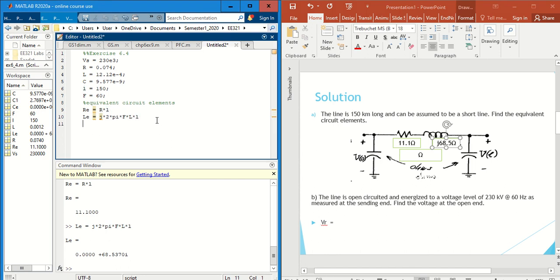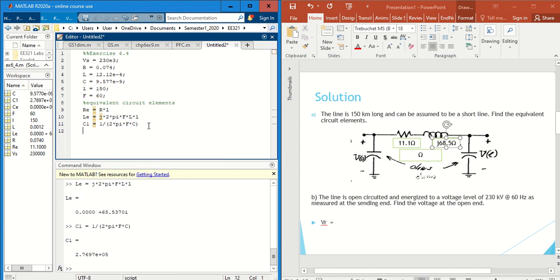Now the equivalent reactance for the capacitor. To find it, we have to follow two steps. First we'll define C1. Remember, the reactance of the capacitor is equal to 1 divided by j omega C, where omega is 2 pi f and C is already defined here. So you get C1.